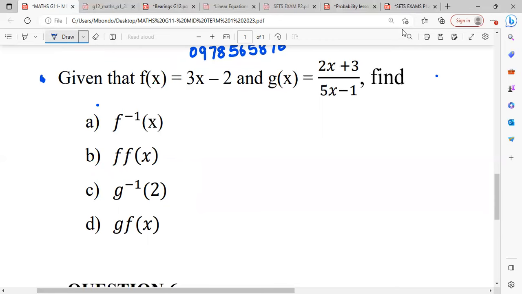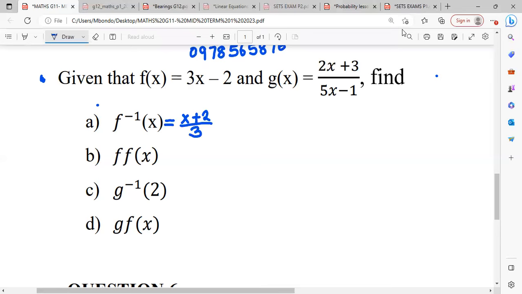Then for 2, it is being subtracted. So in the inverse, we are going to add. So the inverse of this, I'm going to say, is actually x plus 2, divided by 3.